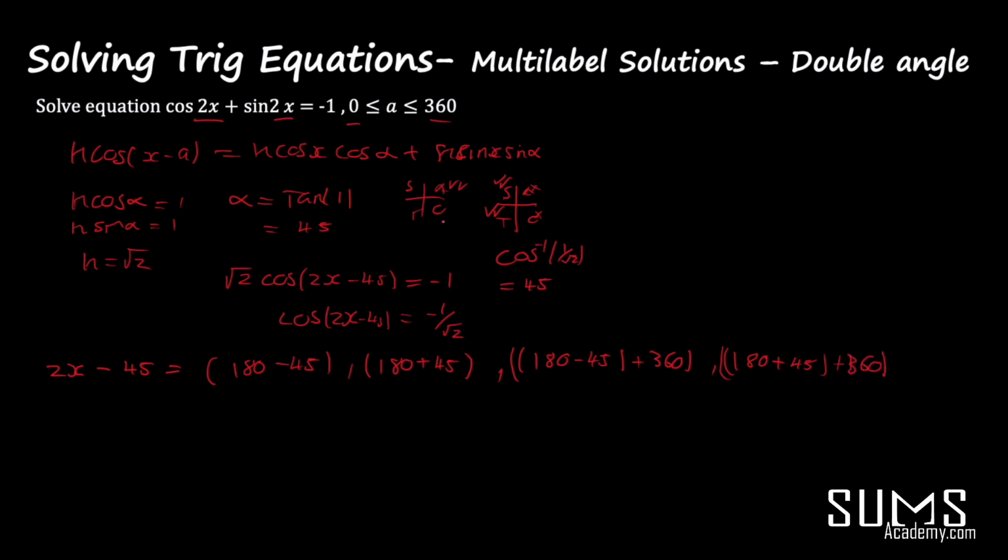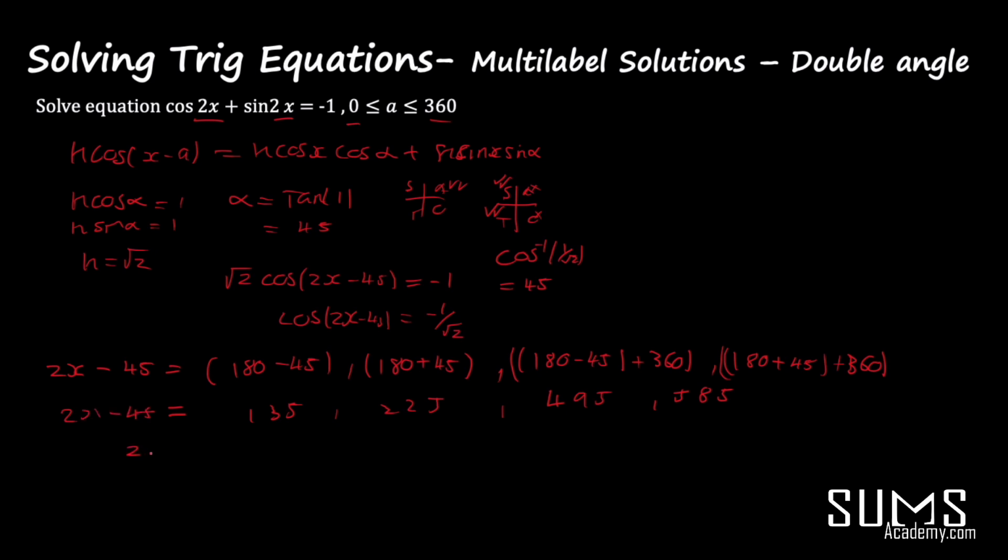I hope you're not getting confused by there being so many annotations here. Often I see there's no working at all, so it becomes really confusing. Okay, so let's go. This then becomes 135, 225, 495 and 585. Great. So this is still 2x minus 45.